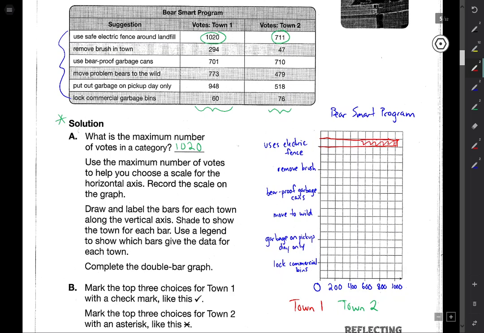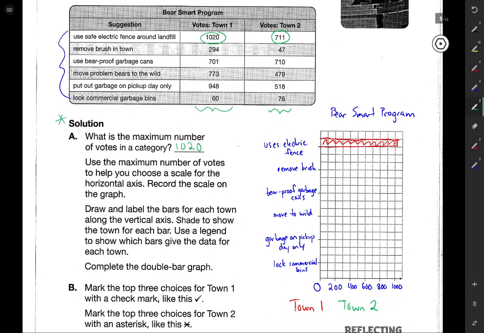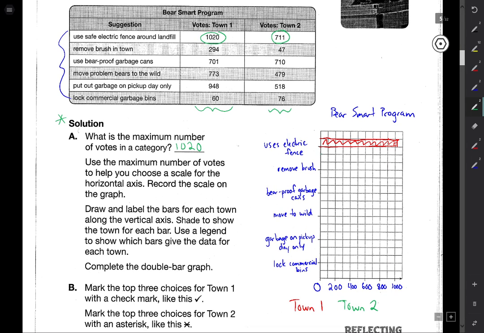And I'll just shade that in here. Let's do the same thing for town 2. We have 711. The 700 mark would bring us to this line over here, so 711 would be just above that, somewhere there. And I'll shade this in as well.